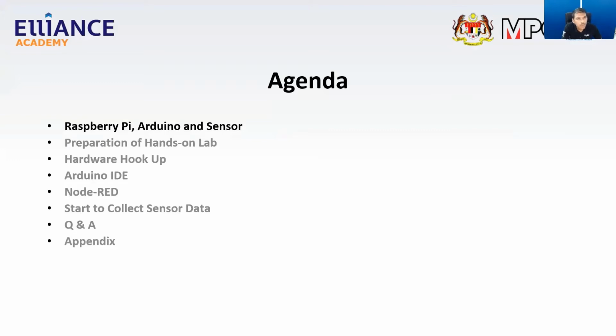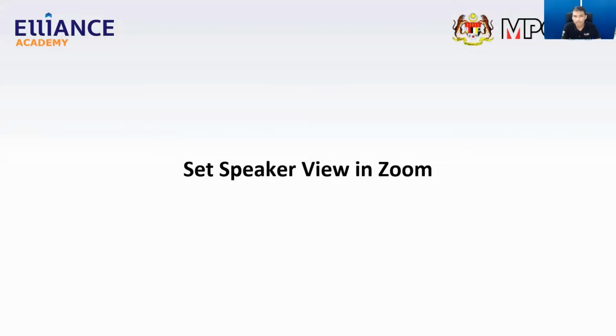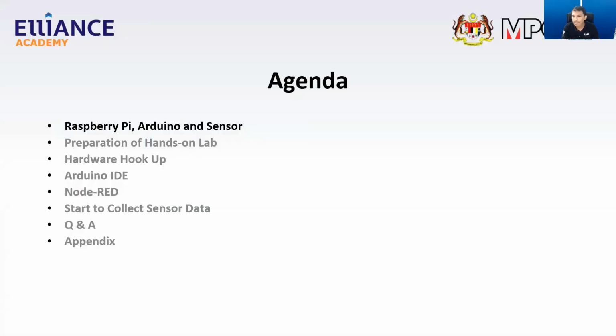Okay, so our first agenda for today is we'll start off with a little introduction on the Raspberry Pi, the one I showed you just now. And then the Arduino board, which is the blue board I showed you just now. And then also we'll be focusing on two sensors throughout this training.